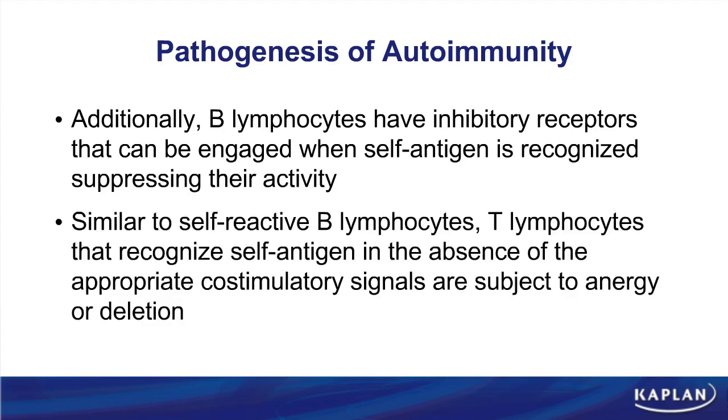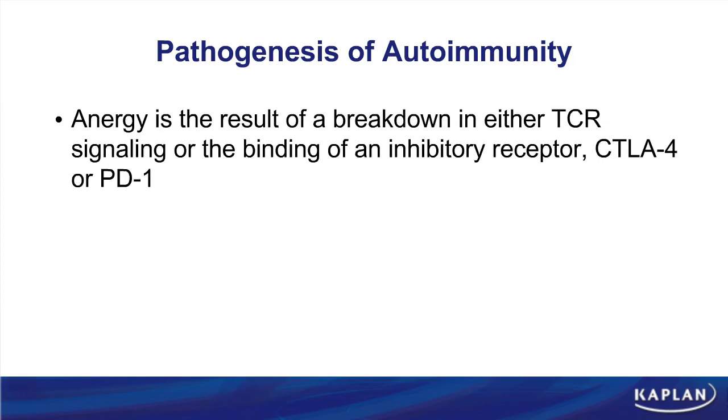T cells, very similar to what we talked about with B cells, that recognize self-antigen in the absence of those co-stimulatory signals can also be turned off or deleted in the periphery. So with T cells, anergy is the result of a breakdown in the T cell receptor signaling itself, again, not receiving perhaps the right co-stimulatory signals, or the binding of inhibitory receptors.